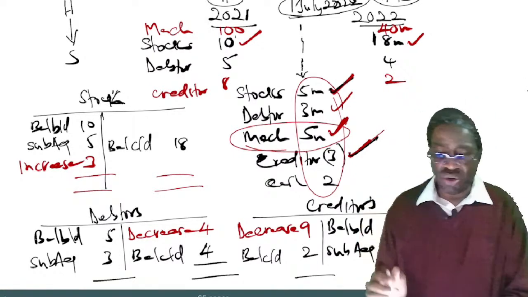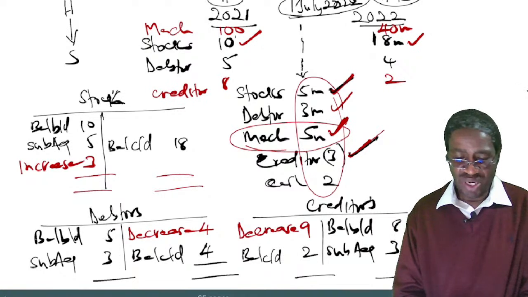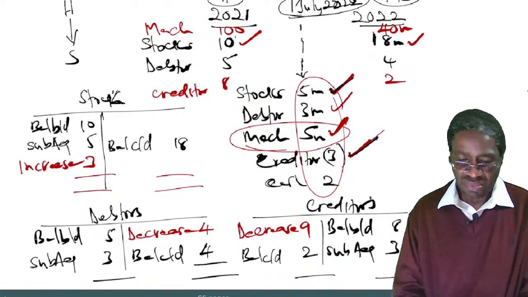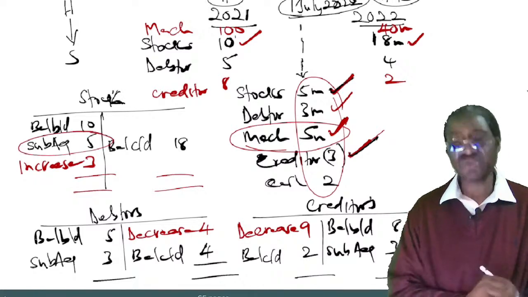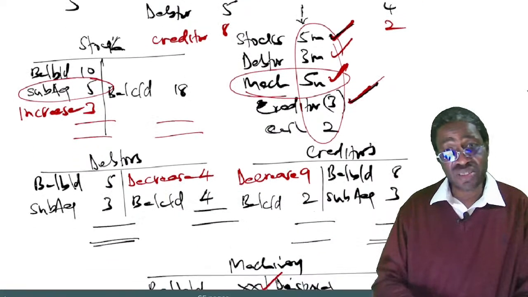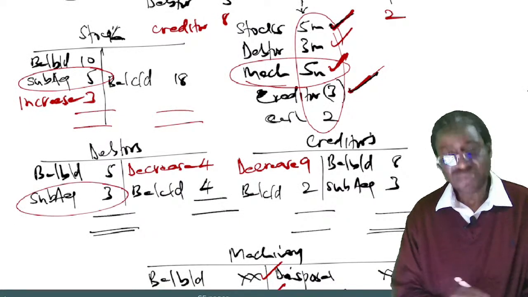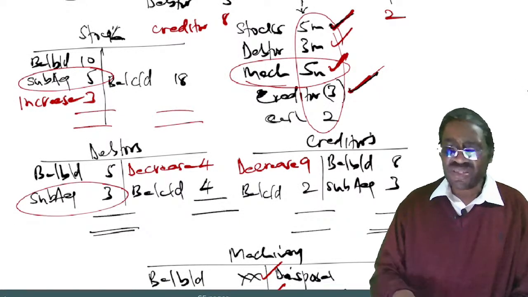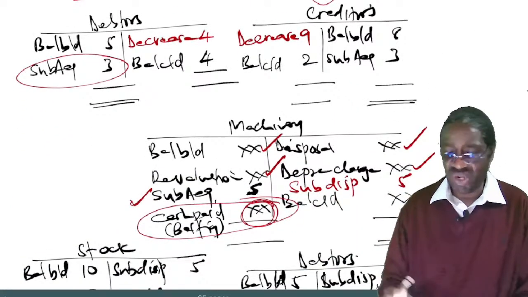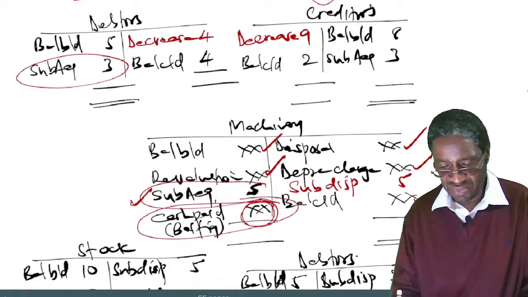Like if it is stocks, we were debiting the stocks account. If it is debtors that came in, we debited debtors here.